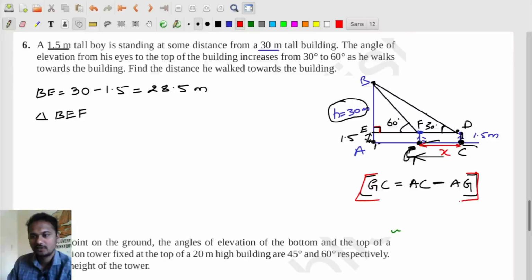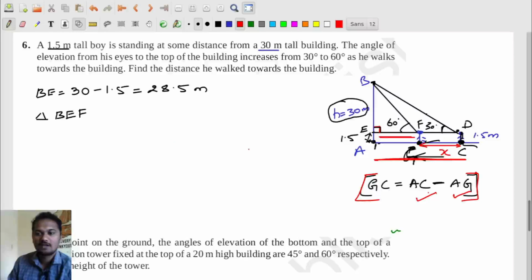So first we need this GC. How to get GC? The total length, that is AC, minus this part. That gives the remaining part, that is GC, which we took as x. So now let's find this AC and then AG, then you will get GC.